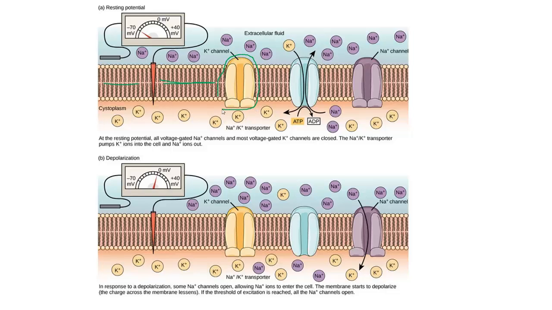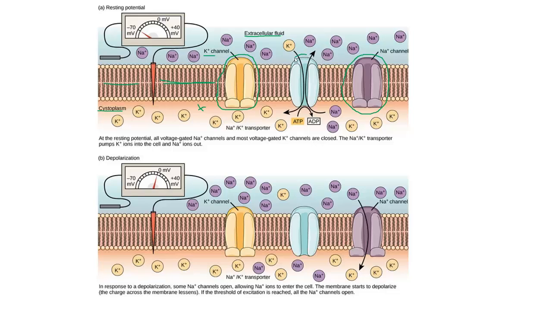In this case, they're serving as ion channels. This is serving as a potassium ion channel. This is serving as a sodium ion channel. The peach shaded area is the inside of the neuron, which is the cytoplasm. The blue shaded area is the extracellular fluid, so outside of the neuron.